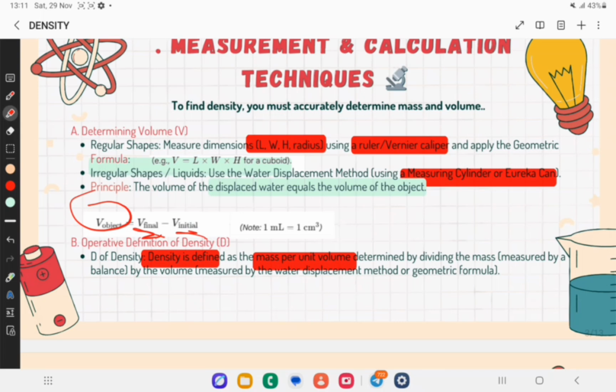Again, density is defined as the mass per unit volume, determined by dividing the mass measured by a balance by the volume measured by the water displacement method or geometric formula.